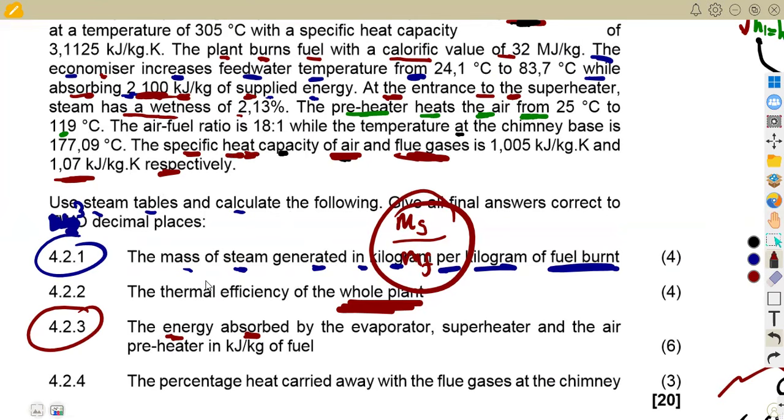So they want us now to find the heat energy absorbed by the evaporator, the superheater, and the air preheater. So there are 3 things there to be considered.